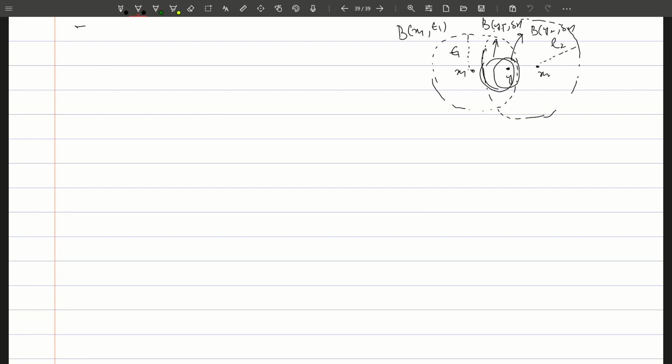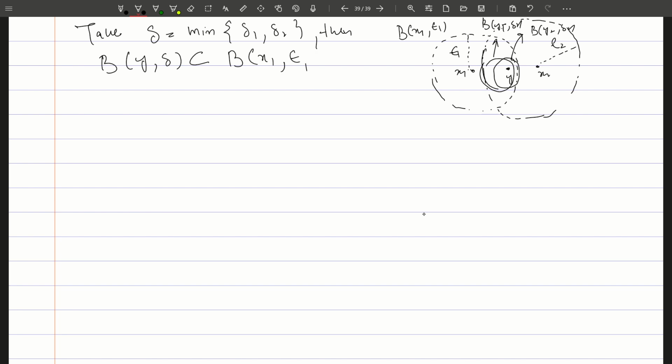So take delta to be the minimum of delta 1 and delta 2. Then the ball B centered at y and radius delta is inside the intersection of these two balls, which is the ball centered at x1 and radius epsilon 1, intersection the ball centered at x2 and radius epsilon 2. So this proves the second condition for this fancy B to be a basis.